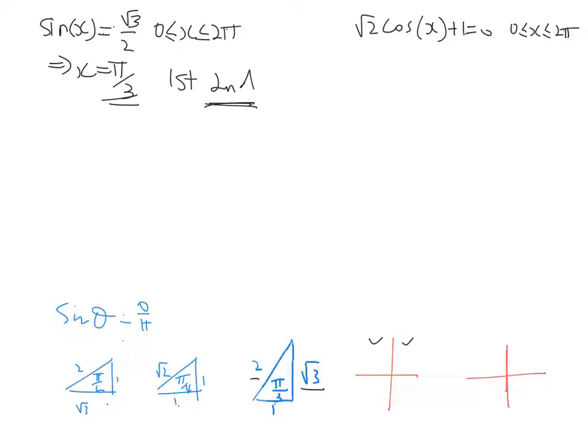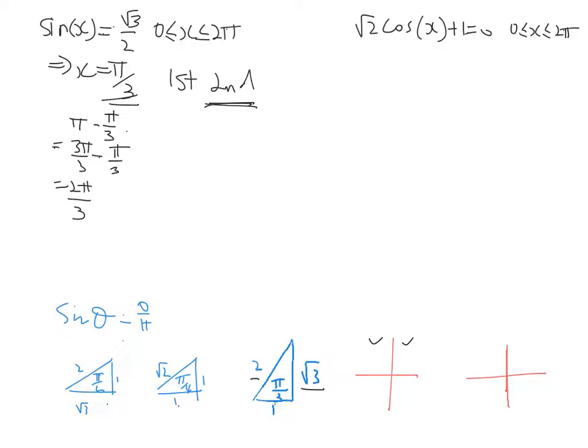So for any angle in the second quadrant, we refer to the symmetry we learned about, and we'll find that for sine, in the second quadrant we're going to have pi minus pi over 3 to find our angle in the second quadrant. That is 3 pi over 3 minus pi over 3, and then we're left with 2 pi over 3. So that's what we have there.